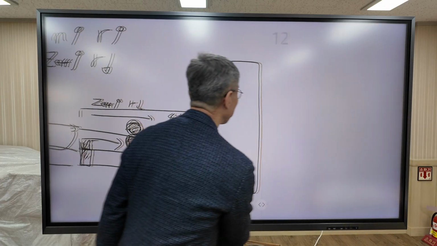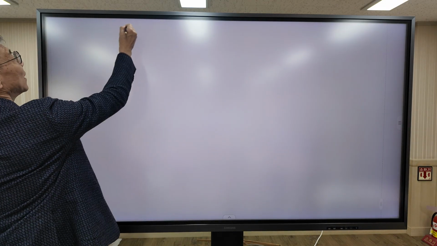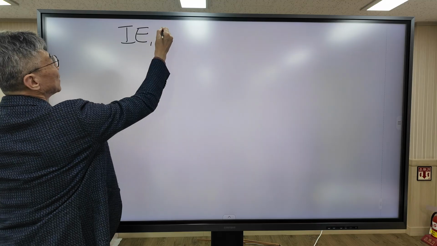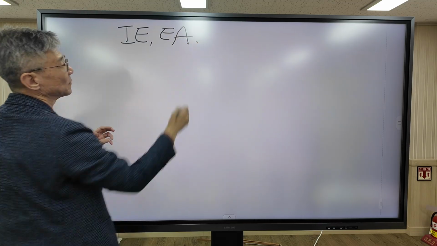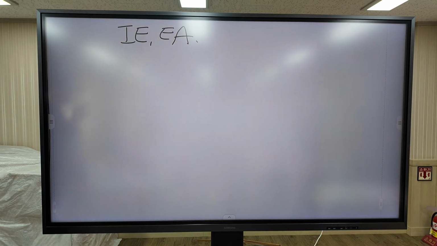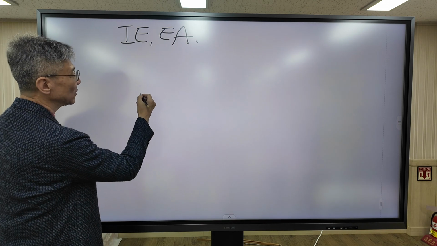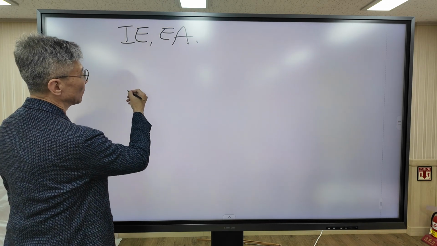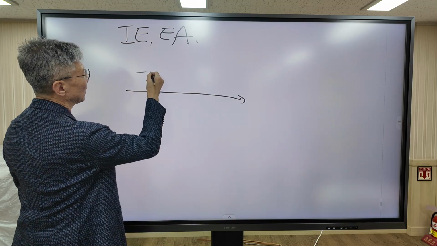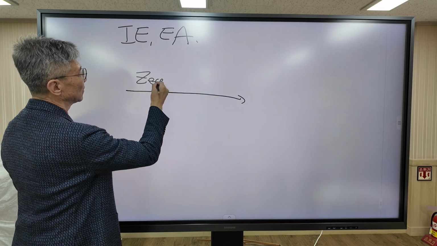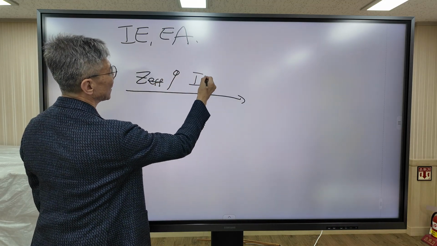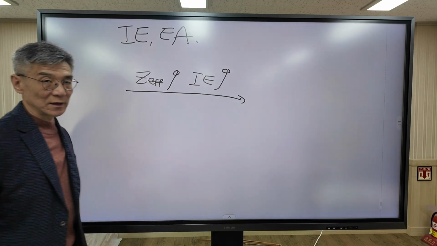Now to ionization energy and electron affinity. Ionization energy, similar to atomic radius, follows the left-to-right trend: the effective nuclear charge increases, so ionization energy also increases.